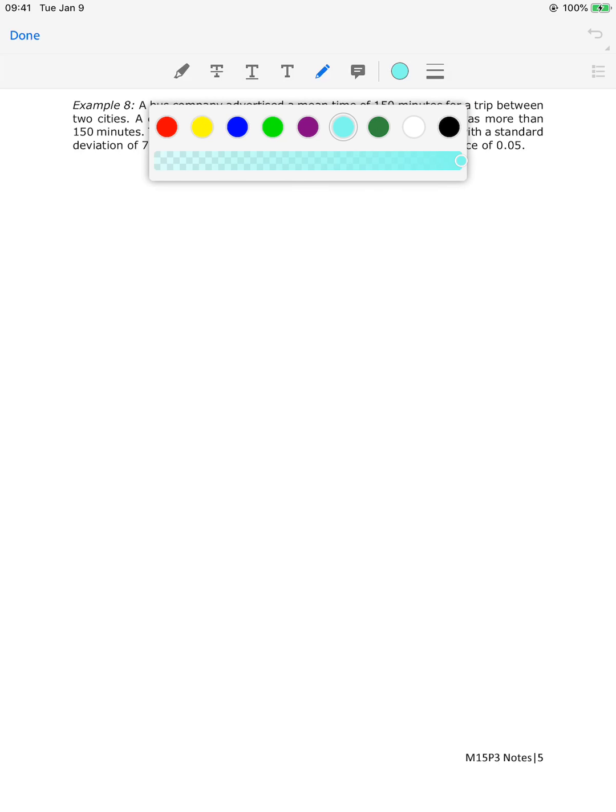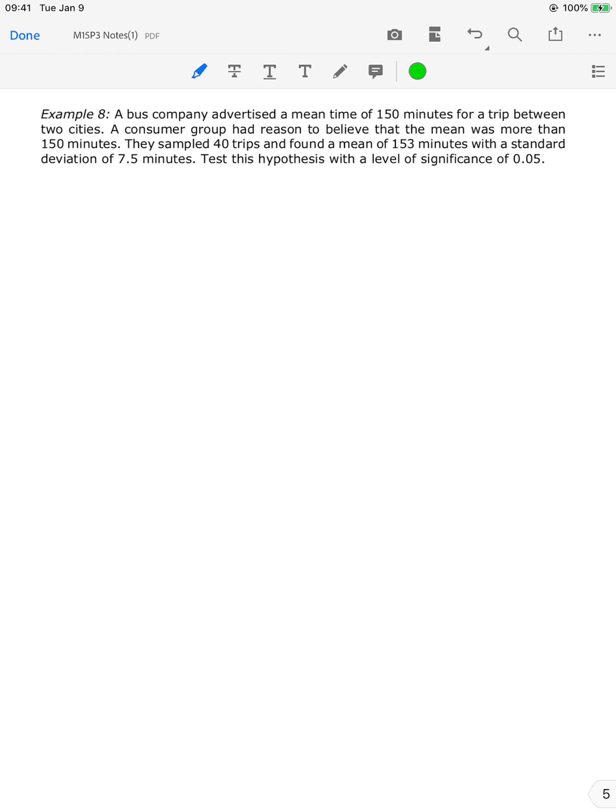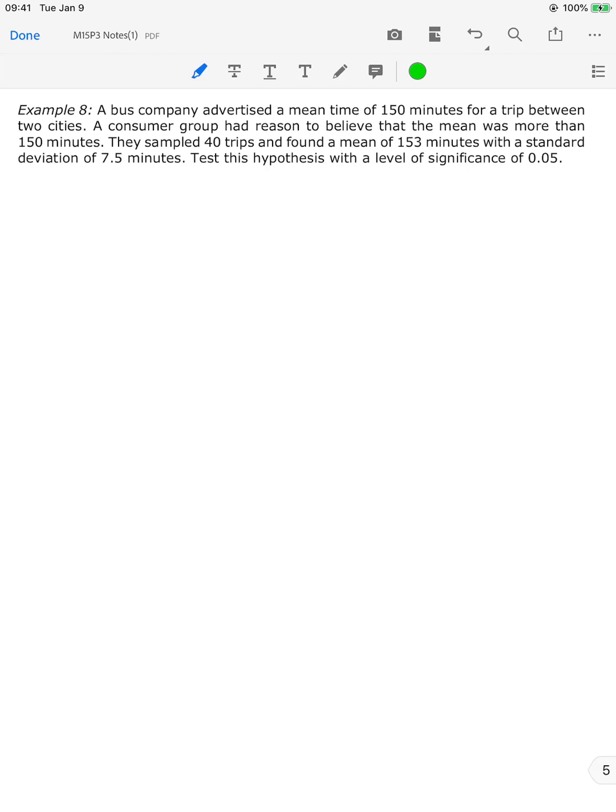All right, step 1. Nope. Highlight. I almost forgot to highlight again. Zoom in a little bit. So they're advertising a mean time of 150. But the consumer group thinks that the mean is more than that. They sampled 40 trips.